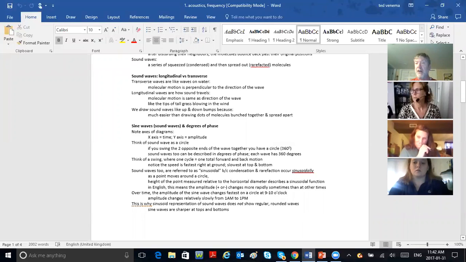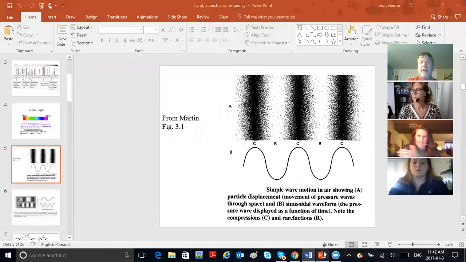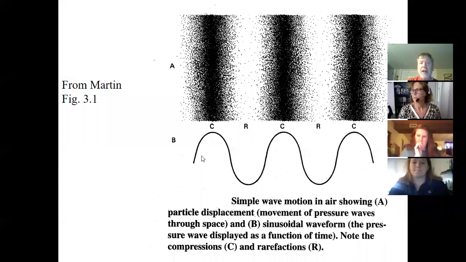So when you're standing on a beach and the wave is coming at you, the wave goes up and down, but it's perpendicular to the direction of the wave. Waves like these on the bottom, you'll see the picture here, that's a transverse wave. It's going up and down, up and down, and the direction of the wave is going this way, okay?